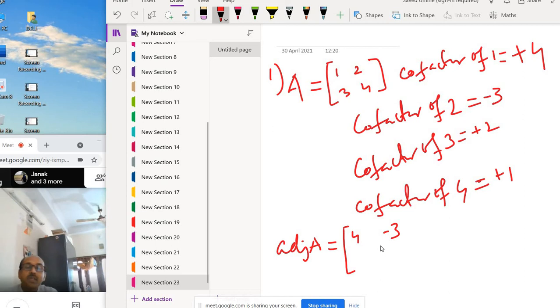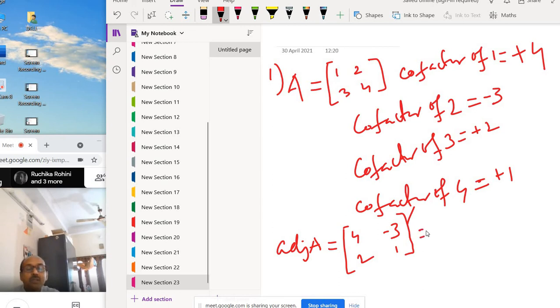Then cofactor of 3 is plus 2. Then cofactor of 4 is plus 1, that is 1. And then the transpose symbol. So write all the cofactors and its transpose is the adjoint.